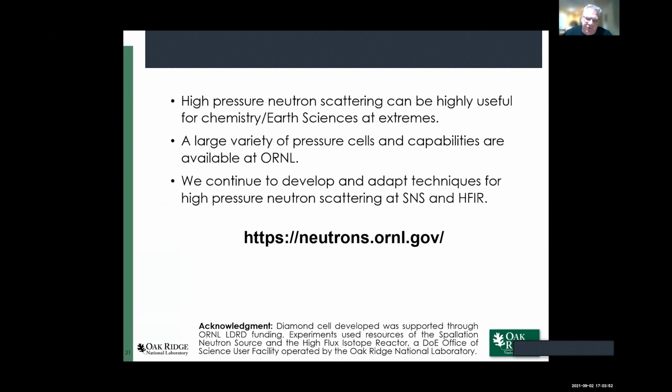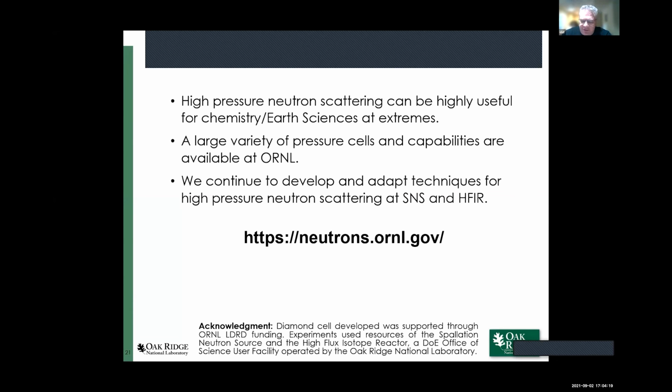The Chinese spallation source will have a high pressure diffraction beam line. We have a variety of pressure cells and capabilities. Of course, the SNS and HIFR are user facilities, so we have user calls for beam time. If you want to use the instruments, you can contact myself or Bianca, and we continue to develop and adapt techniques for high pressure neutron scattering.